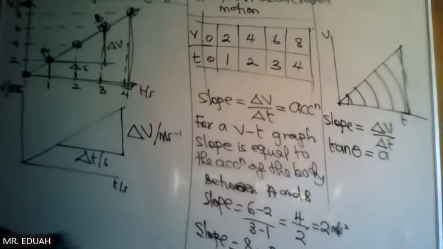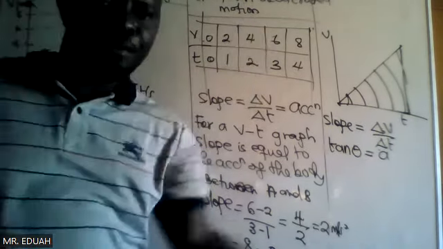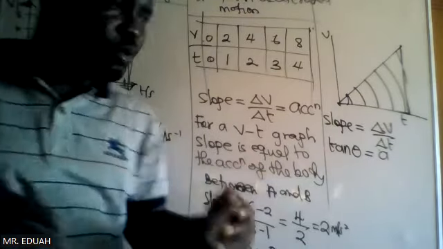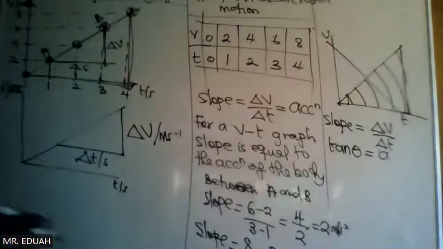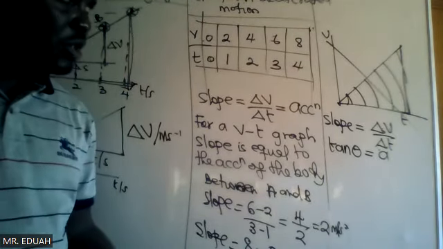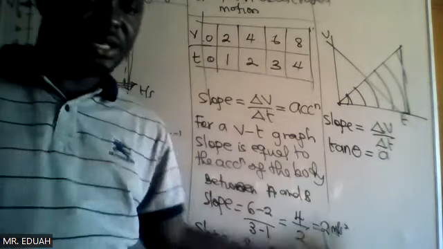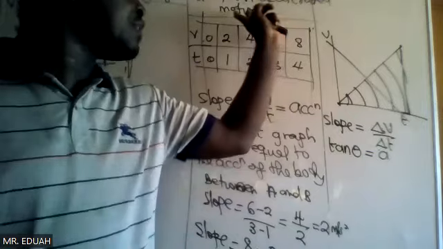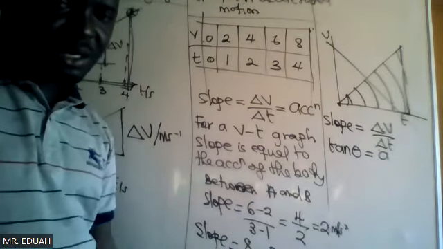Now, if the velocity decreases with time, then we'll have uniform decelerated motion. Then when you plot the graph, it will be the other way. The slope will be negative, and the slope is equal to acceleration.